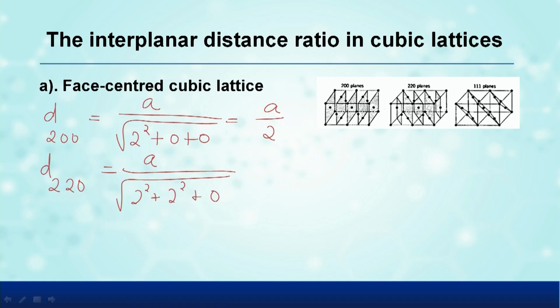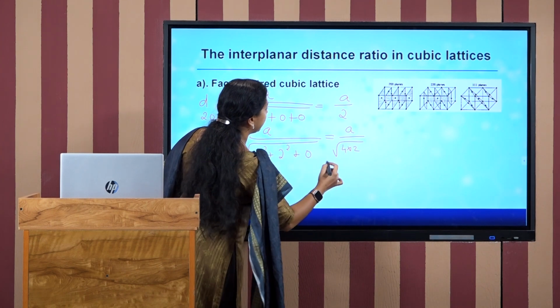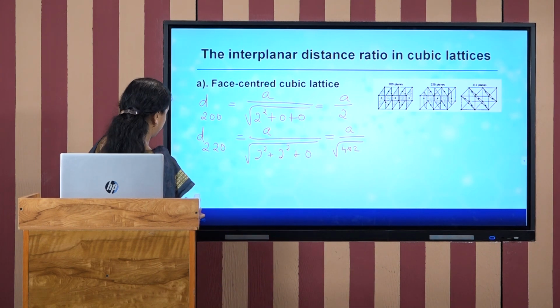Okay. So, that is equal to, we have 2 square is 4, so 4 plus 4, 8. So, 8 can be represented as root of 4 into 2. So, when you take 4 out of this square root, we may represent it as 2 root 2. Okay.